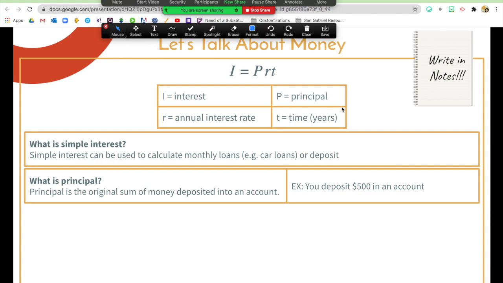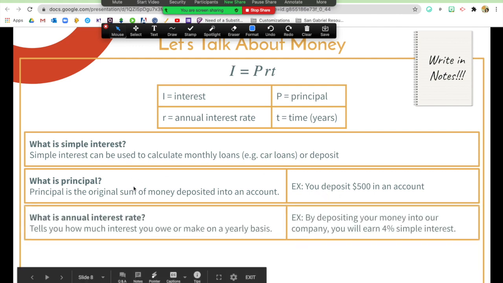Principal, so this P, is the original sum of money that you deposit into an account. So for example, if you have a bank account and you started off by depositing $500. Now the annual interest rate tells you how much interest you owe or make on a yearly basis.